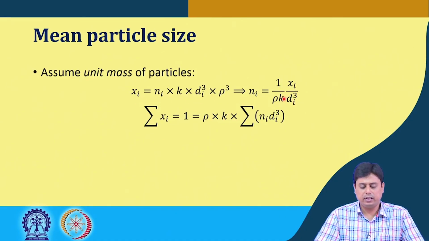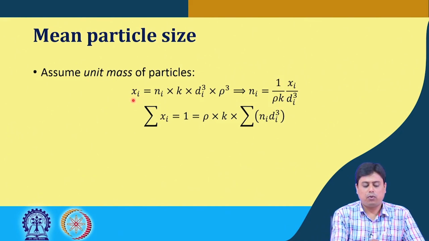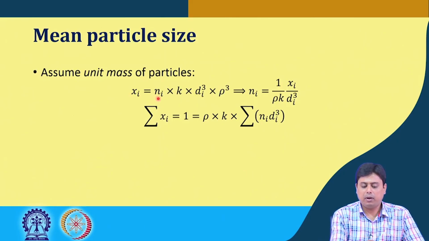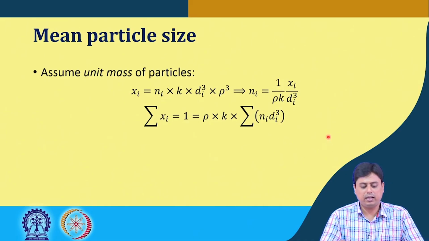This conversion is important in this case, from mass fraction to the number distribution, the number of particles of the ith size.